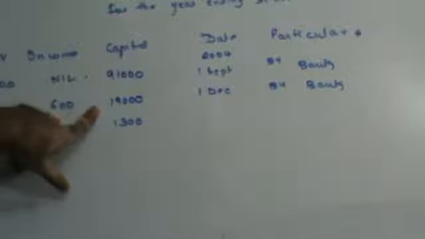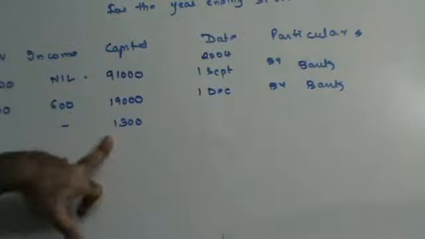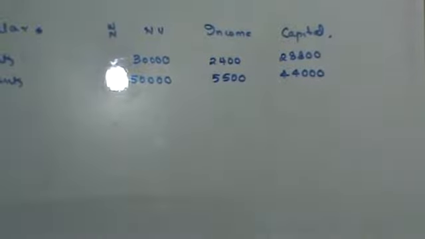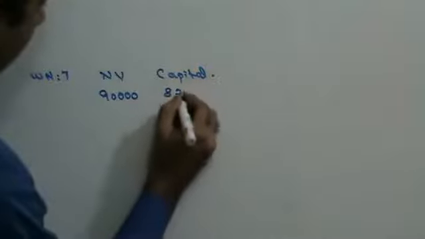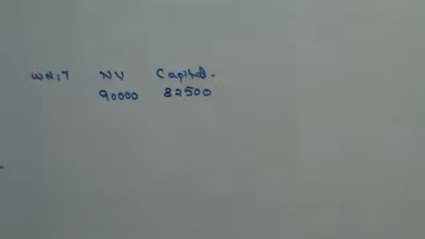Someone please add this: 91,000 plus 19,000, that's 1,10,000, minus 28,800. 1,11,300 minus 28,800 comes to 82,500. Fine, do we get this thing clear?